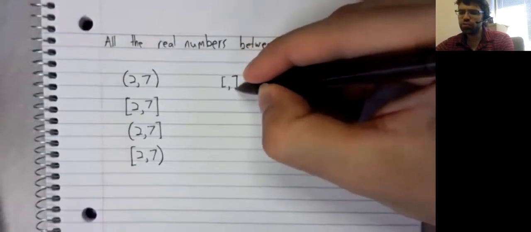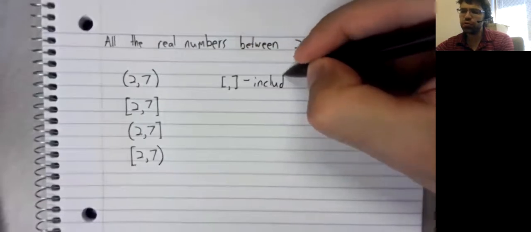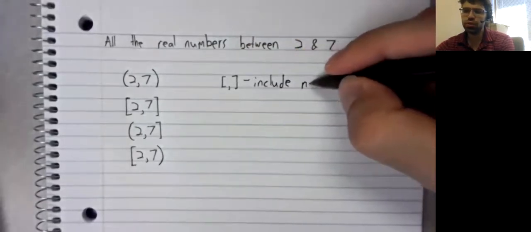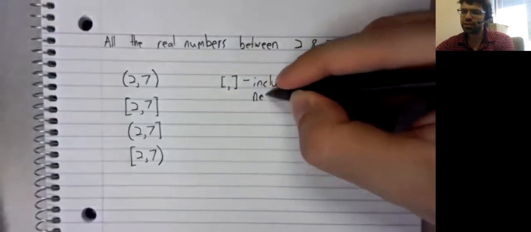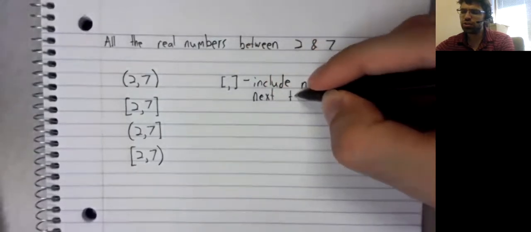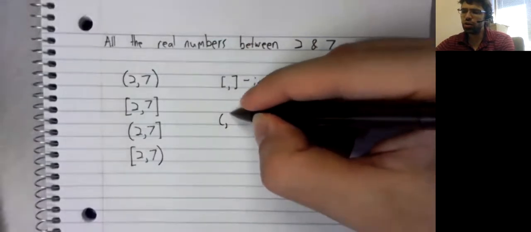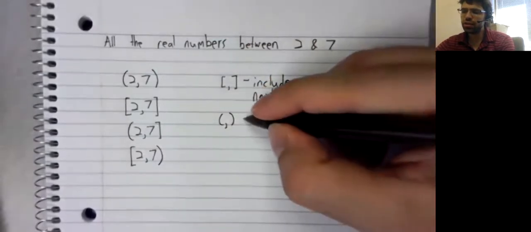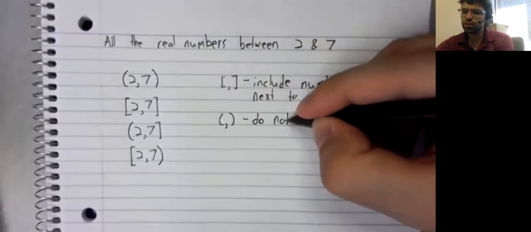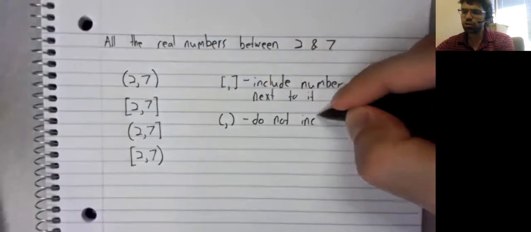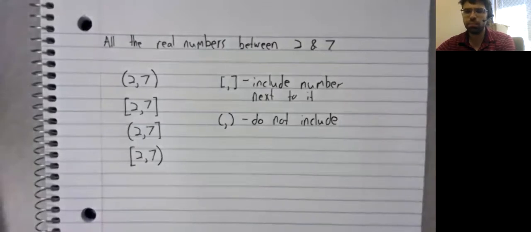A closed bracket is telling you to include the number next to it. An open parenthesis is telling you do not include that number.